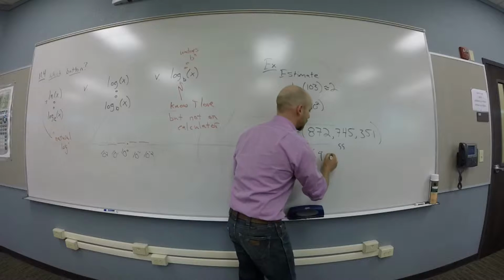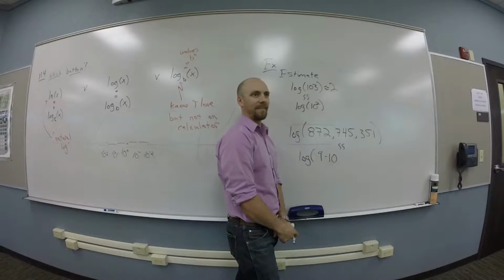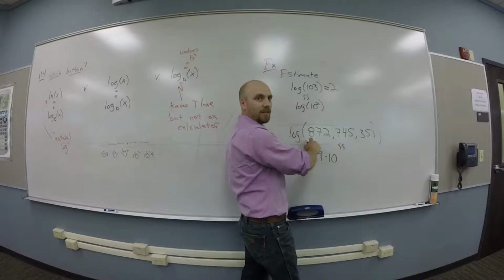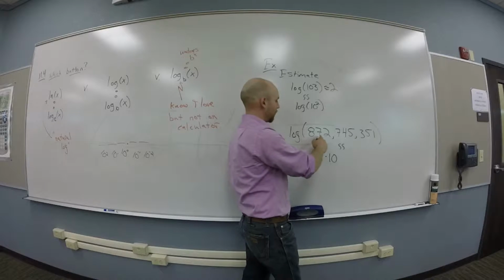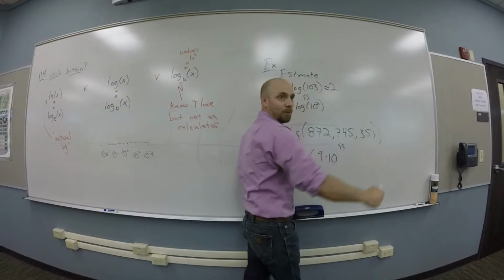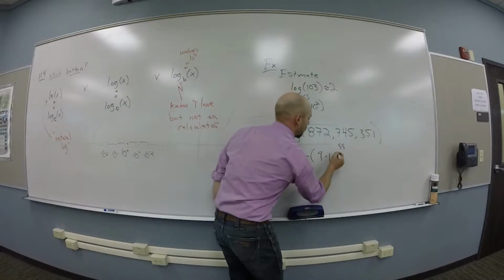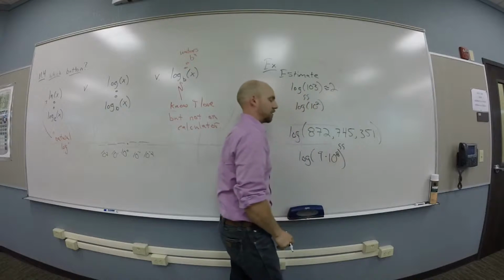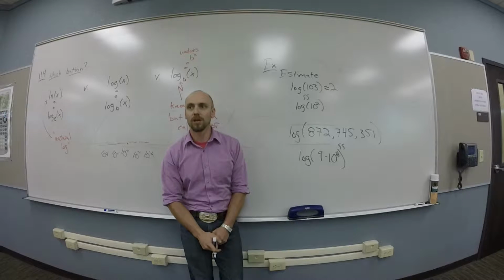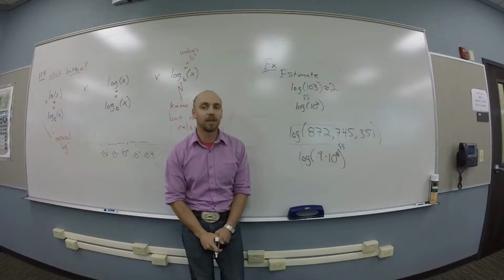And then how many tens are there? If I call this a 9, then there's 1, 2, 3, 4, 5, 6, 7, 8 more places, right? So this is more or less the log of 9 times 10 to the 8th.